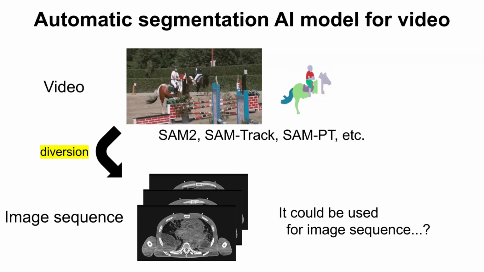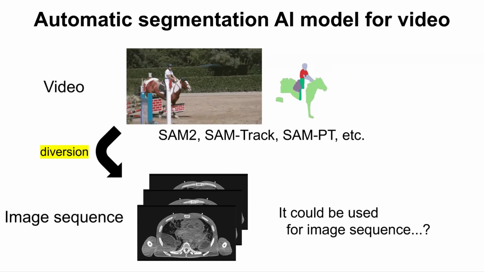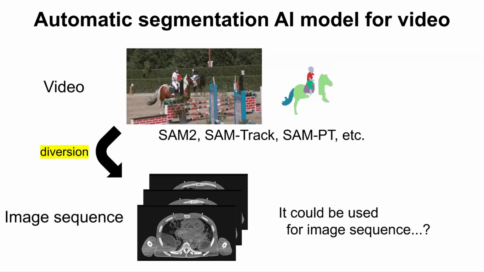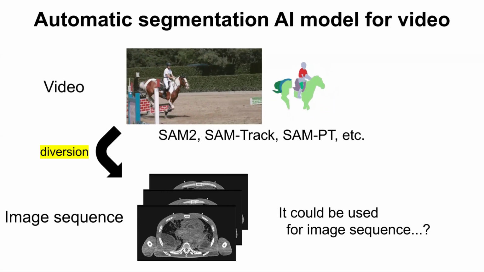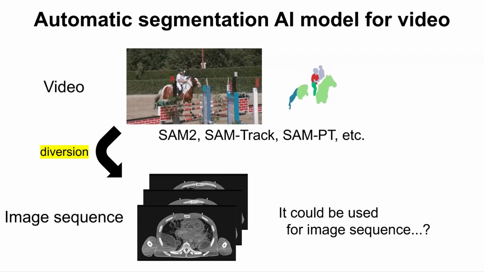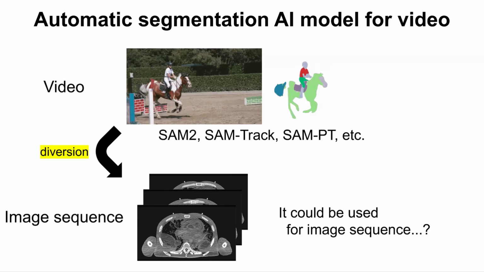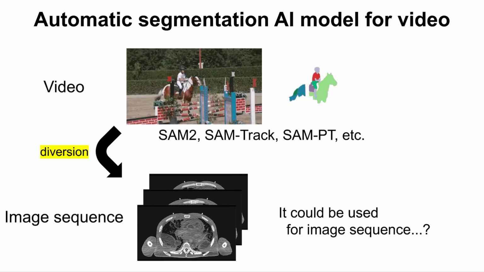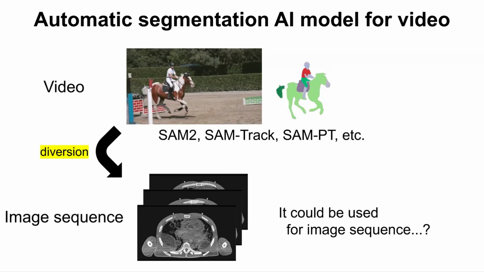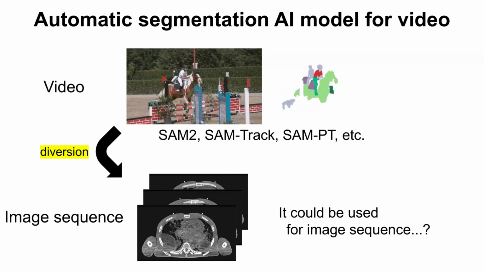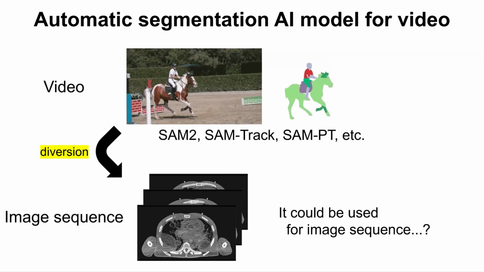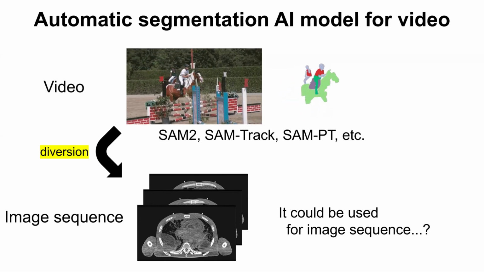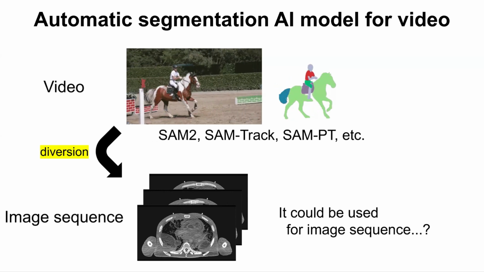And these images are piled up one on top of the other to create the data for the cross-section of the three-dimensional image. So both of these are series of images. And the motivation for developing the segmentation tool SegGraph was the thought that we could use the AI model for video also for a series of images.